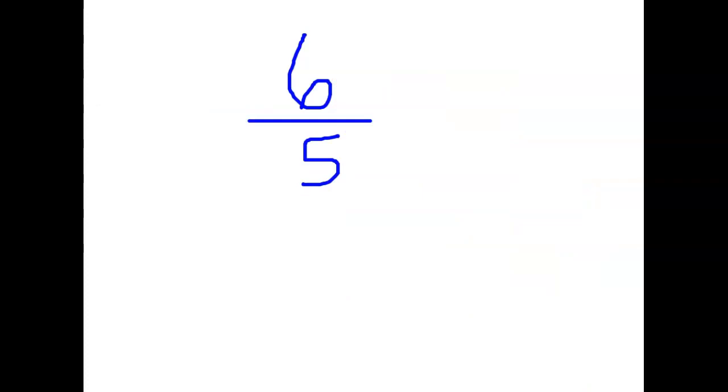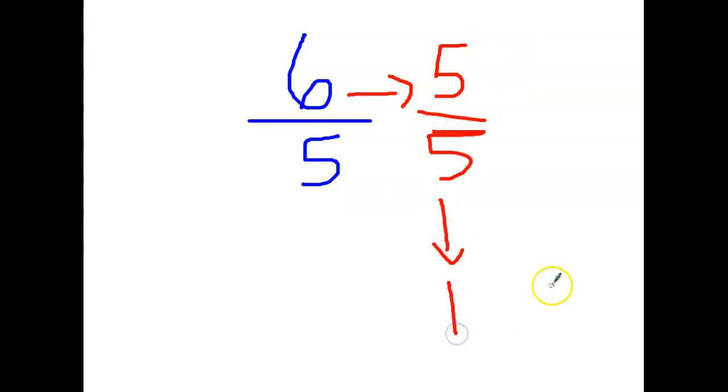So let's look at this one. We're looking at 6/5. Let's go ahead and first take out a whole. What fraction represents a whole? Great, 5/5. We're going to drop it down here and put one whole. And then what's left over out of 6/5?